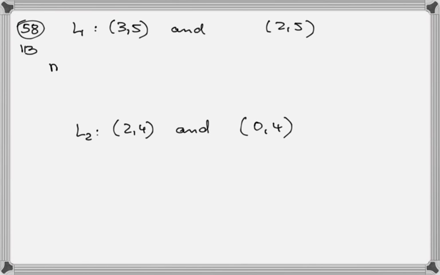Just to remind you, the slope formula is y2 minus y1 over x2 minus x1. And if you're not sure which one is what, I highly recommend that you label them. x1, y1, x2, y2.